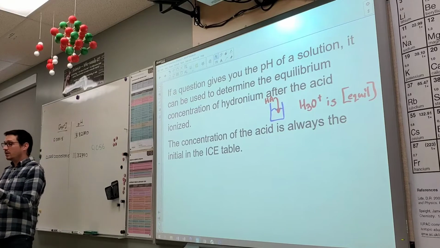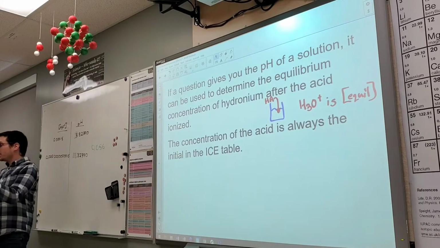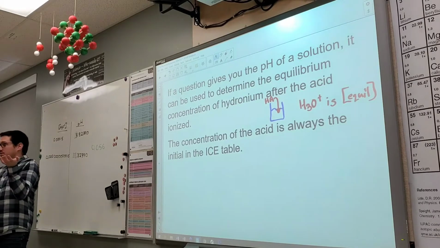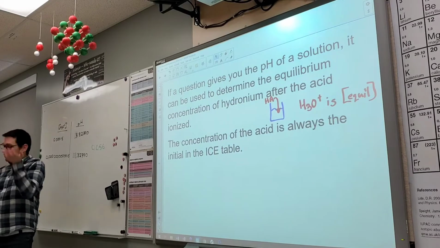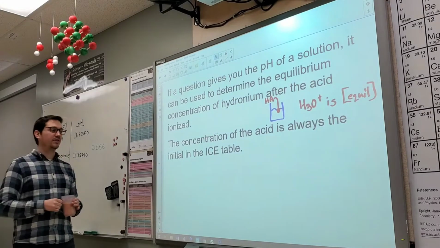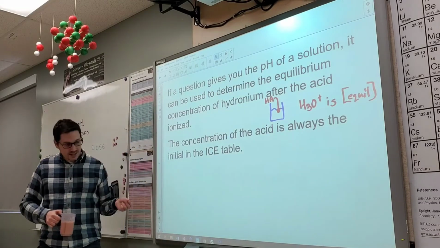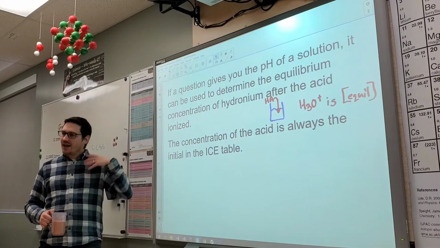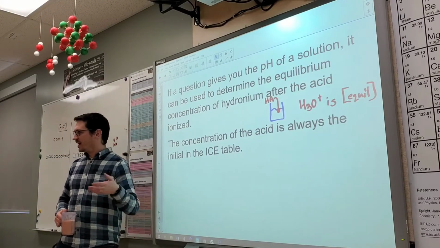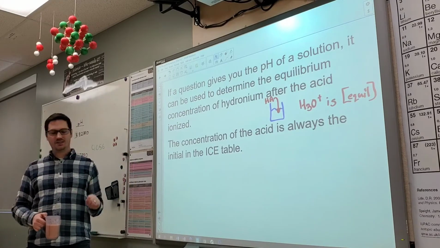Would you agree? Without hydronium, there would be no pH, right? So pH is an indirect measurement of the hydronium concentration. The concentration of the acid is always the initial in the ICE table. If I add 0.1 mole per liter of an acid, then that's the initial acid concentration.